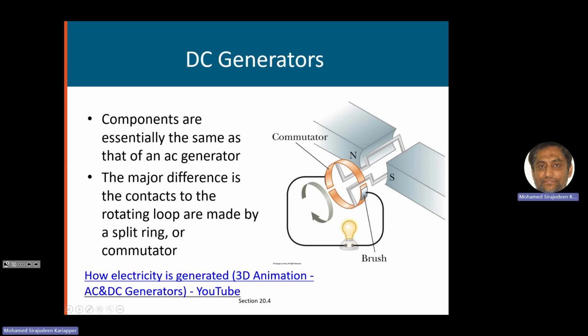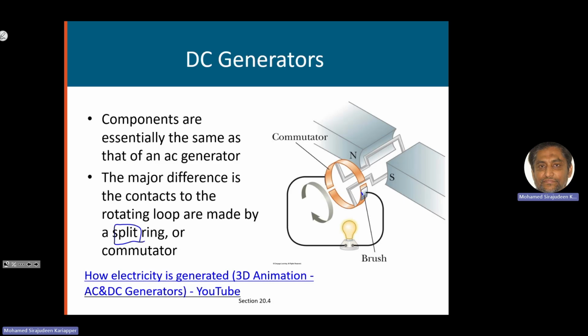Now the DC generator. Sometimes we want DC, right? We want the steady current. Then what do we do? We make a small change. Instead of two slip rings, we use one split ring. Split means broken into two. So when we do that, every time the current direction changes, every half cycle, the brush touches the other half of the split ring.